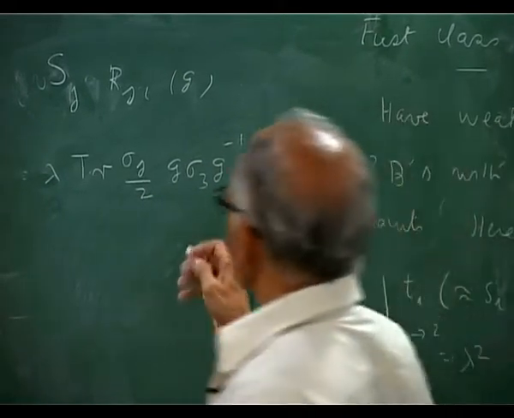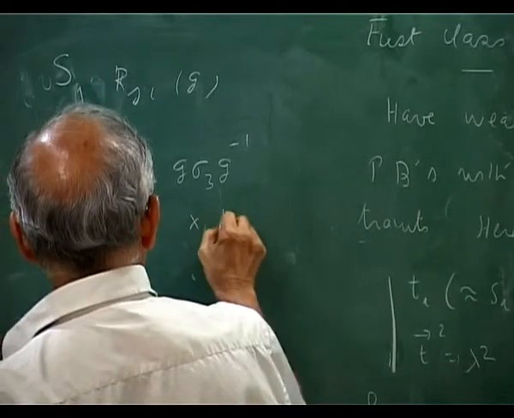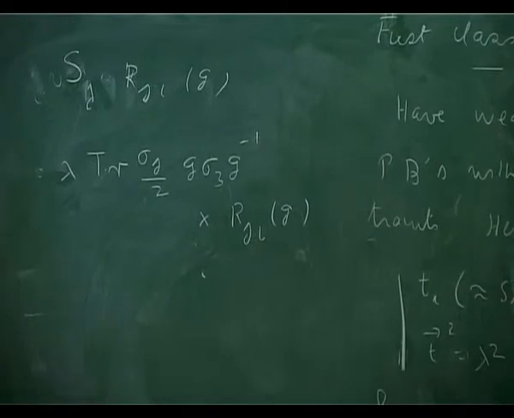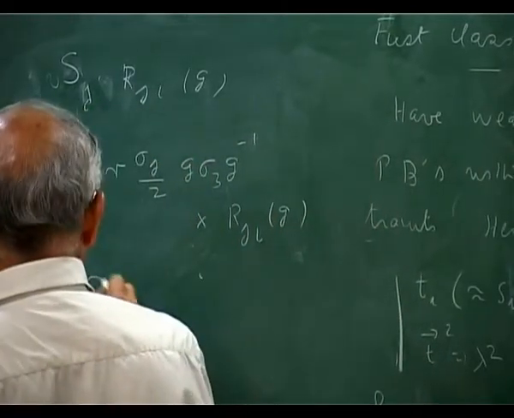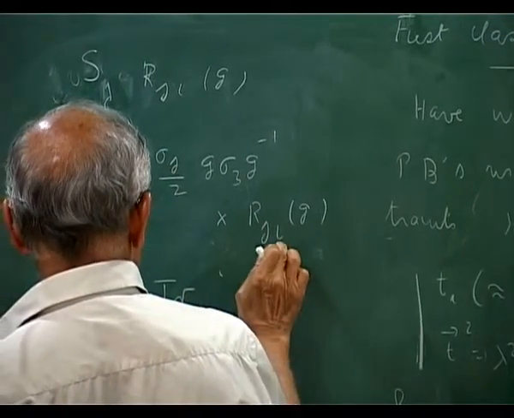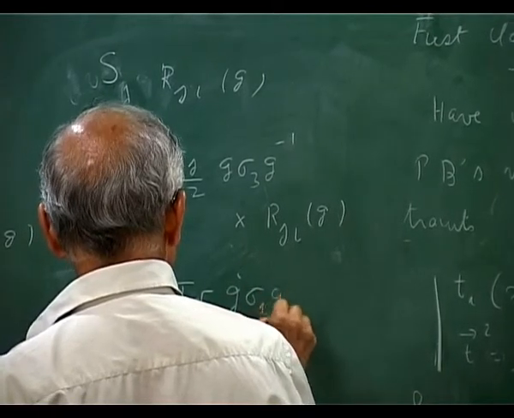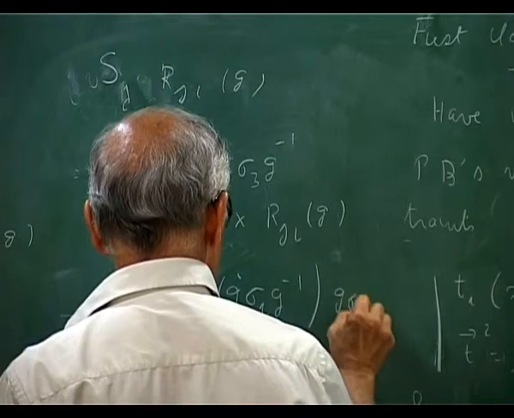I am multiplying this by R j i of G. So this is lambda over 2 trace of G sigma i G inverse G sigma 3 G inverse.